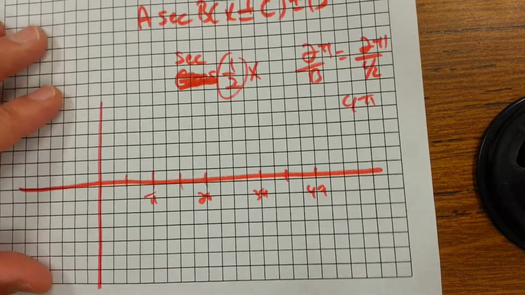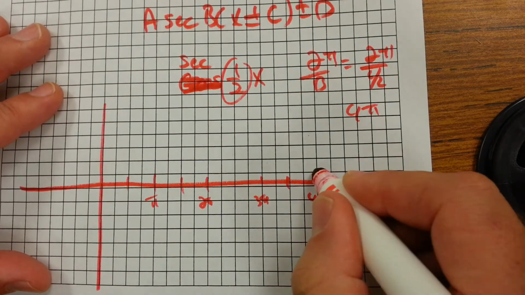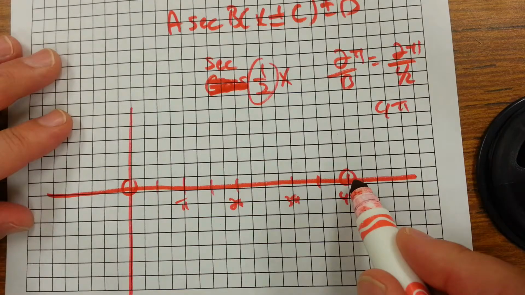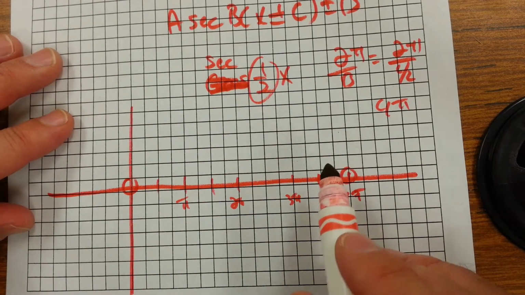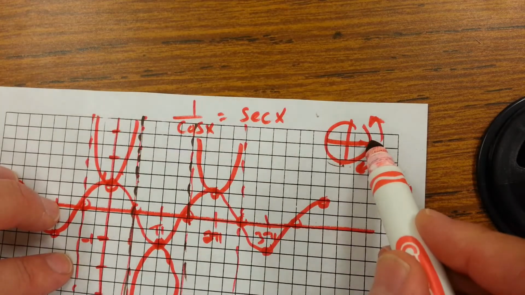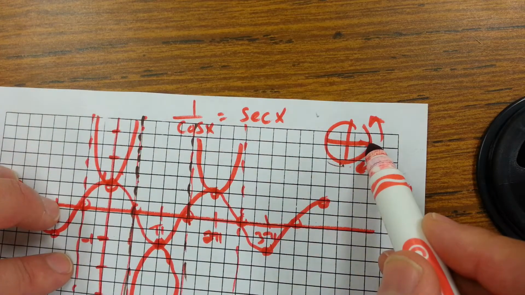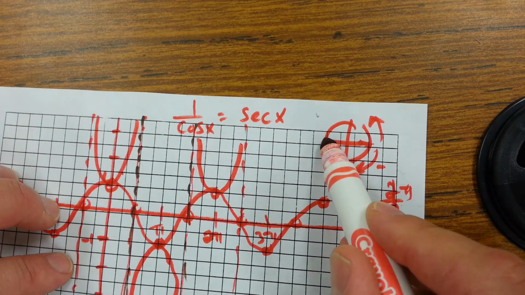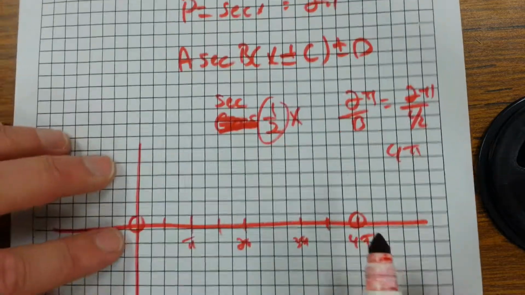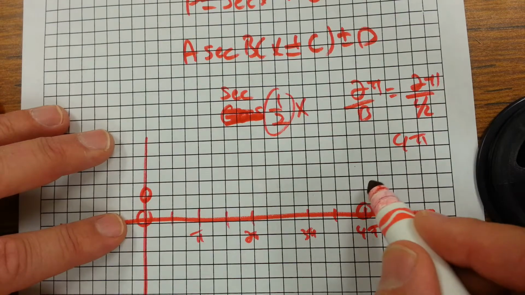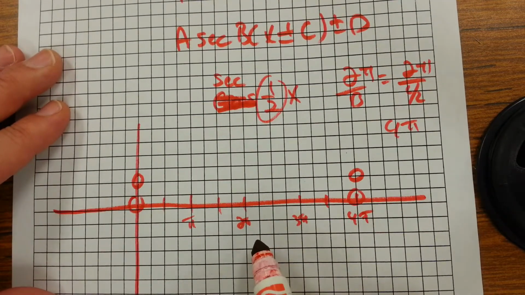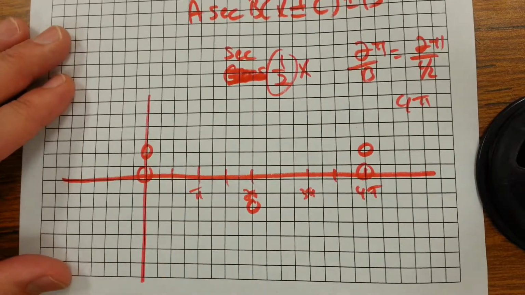Remember how I did this. I'll put my bookends here at 0 and 4 pi. Cosine on our unit circle starts out at 1 and finishes at 1. In the middle it should be negative 1 and back. So the ends of my graph are 1 and 1, and the middle of my graph is right at 2 pi, where it's negative 1.